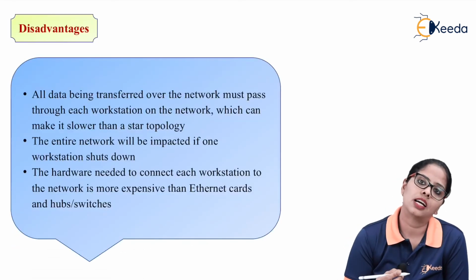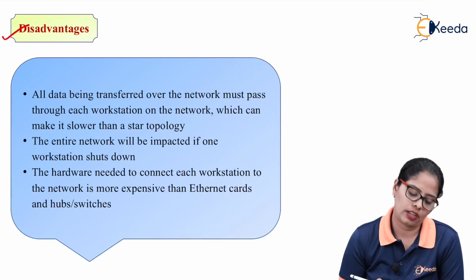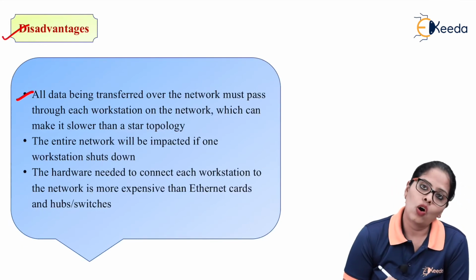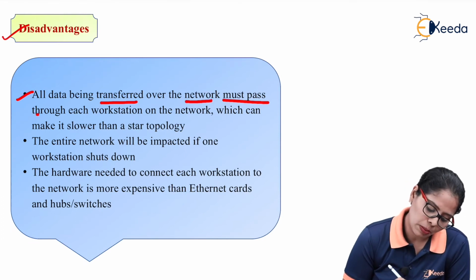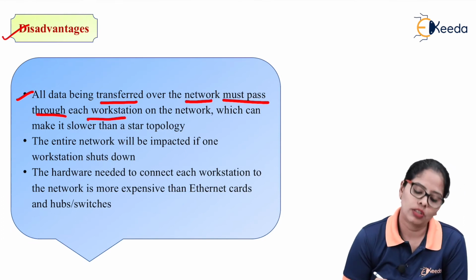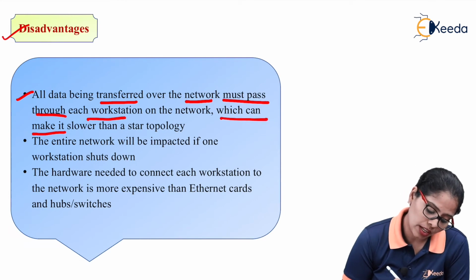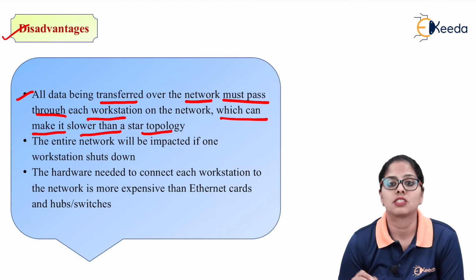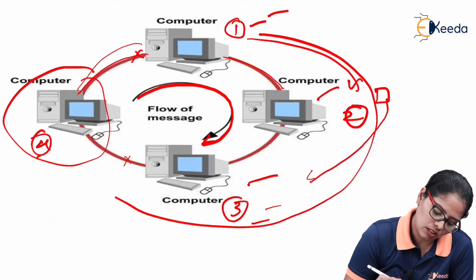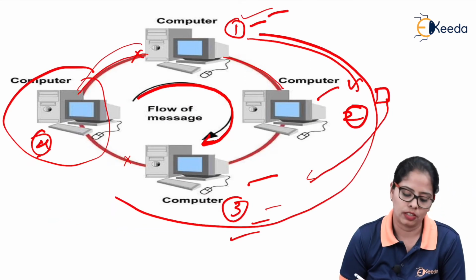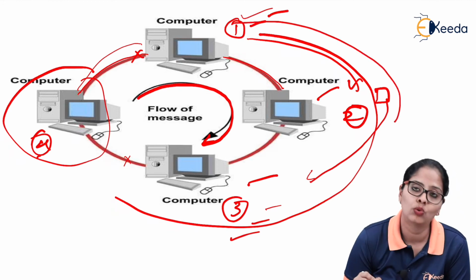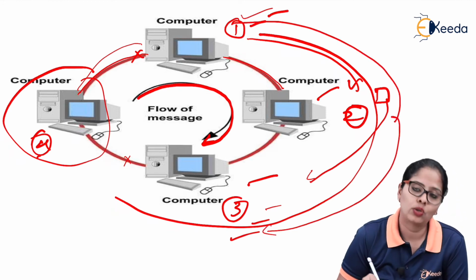Now let us discuss what the disadvantages are. All data being transferred over the network must pass through each station on the network, which can make it slower than a star topology. Now see here, whenever computer 1 wants to send data to 3, first it has to send to 2, and from 2 it will send to 3.